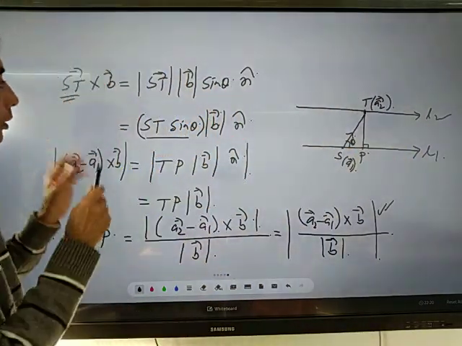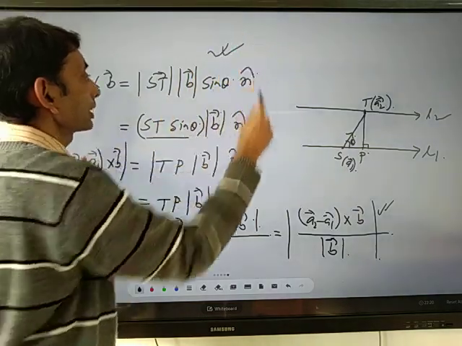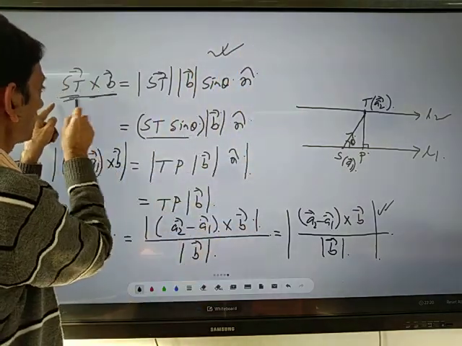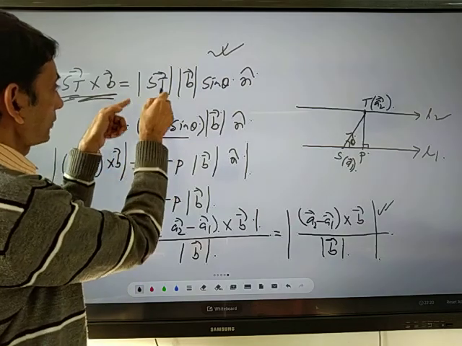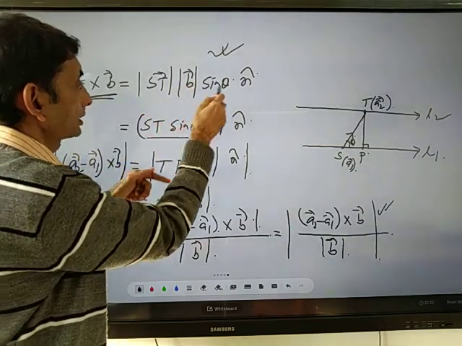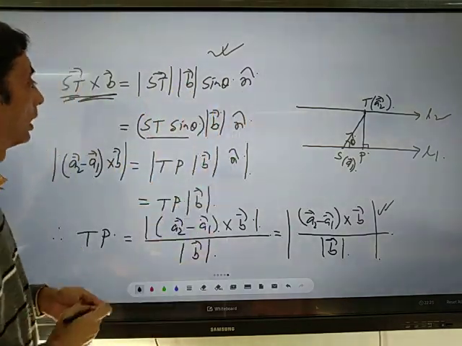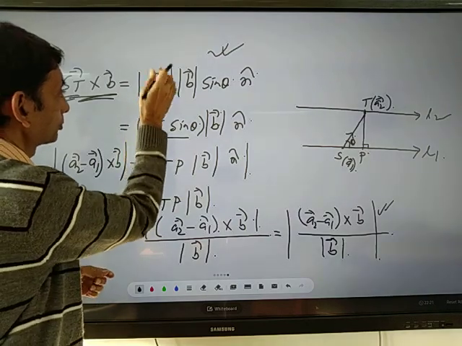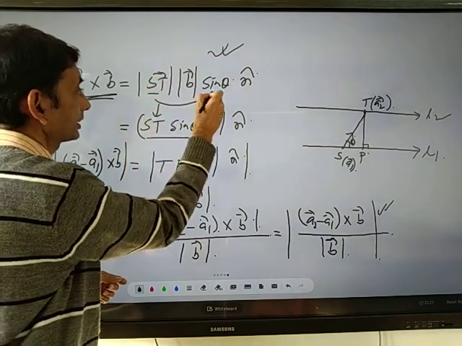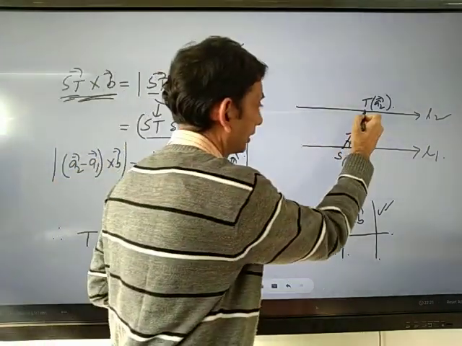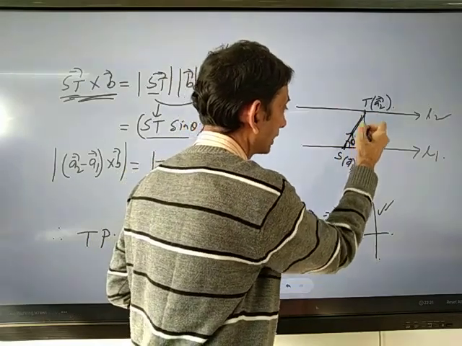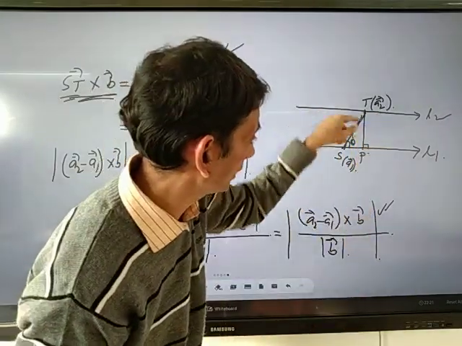If I repeat the steps: ST cross b is the cross product between two vectors, the magnitude of the first vector, mod ST, mod b, sin theta, n cap. Now mod ST is ST, and ST sin theta is equal to the perpendicular, that is TP.